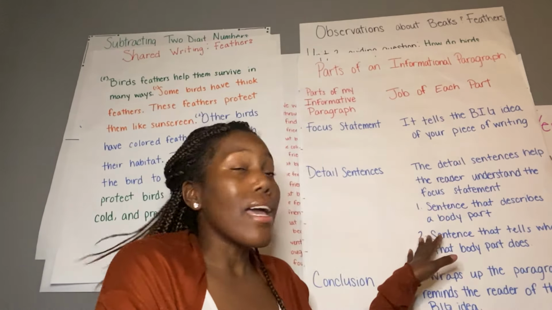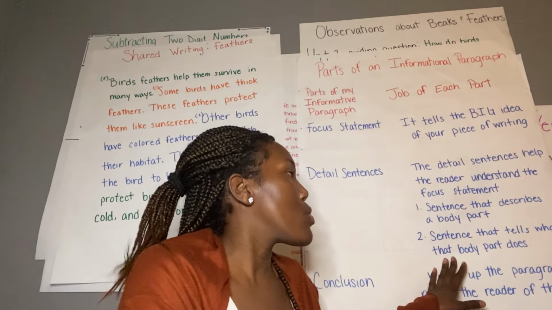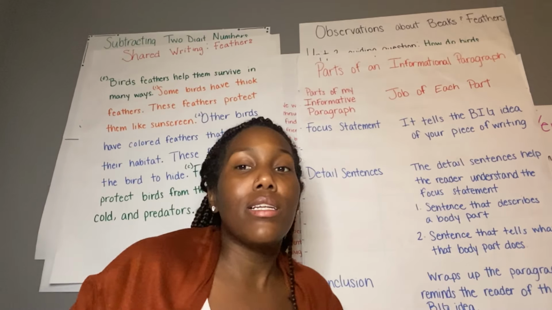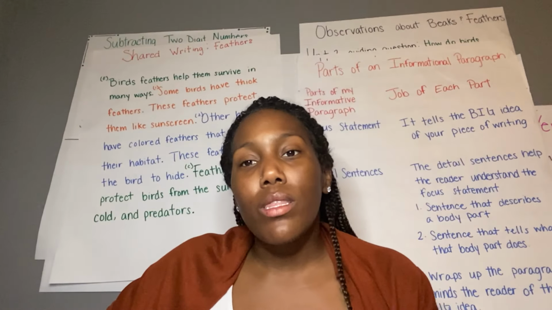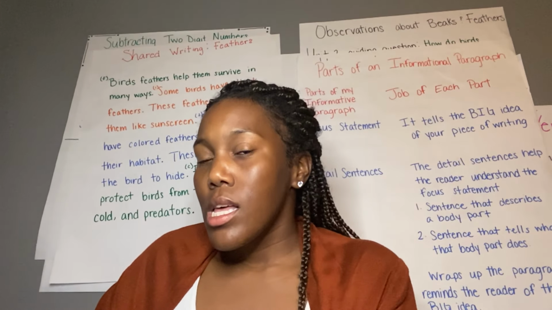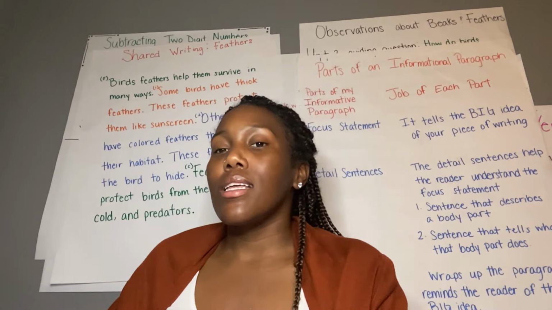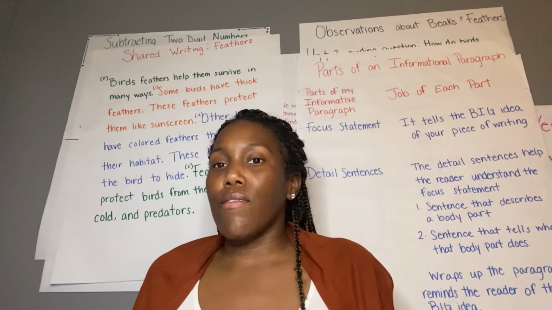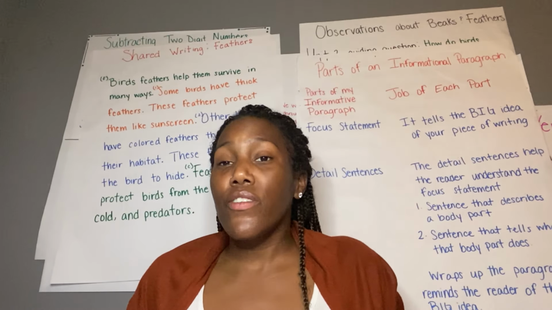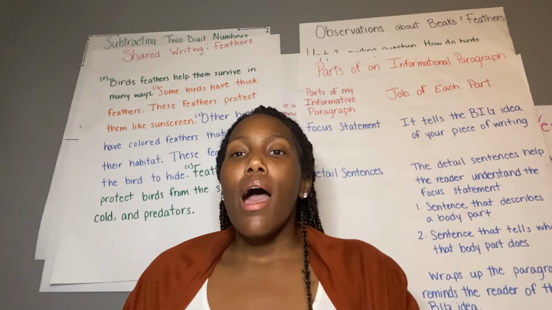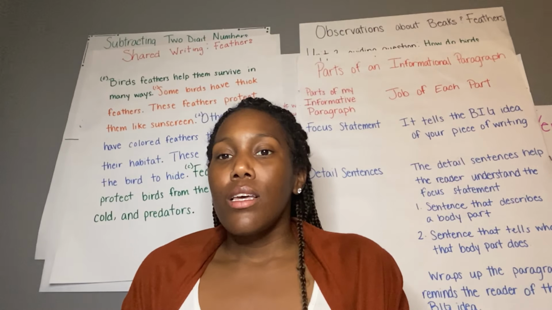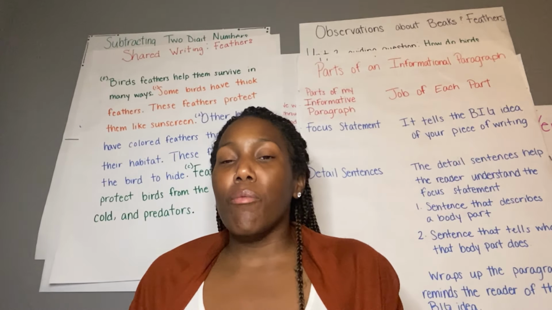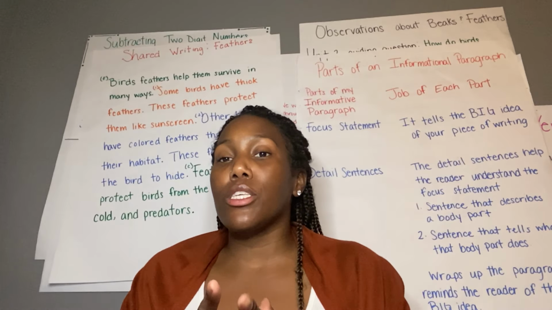Then the second sentence of your second detail is going to tell what the body part does. So tell me what that long and thin beak does. Tell me what that beak that makes that bird not even have to move so it can rip through the flesh of a nut. Tell me how it does that. Okay, that's what you're going to be giving me in that second detail about a different bird.